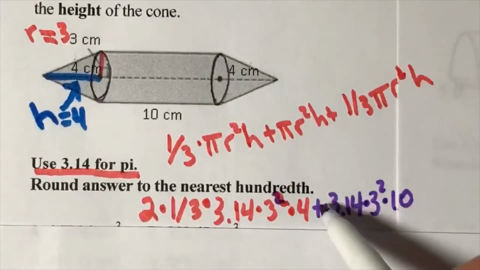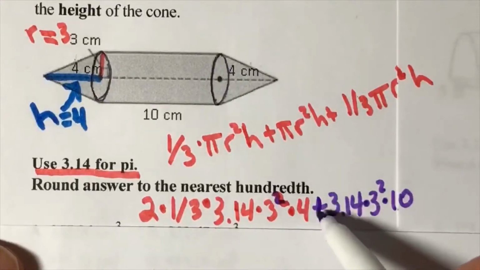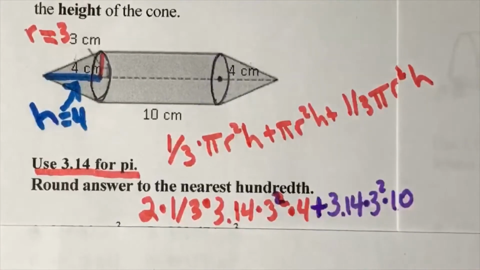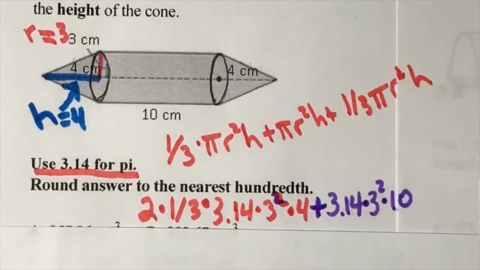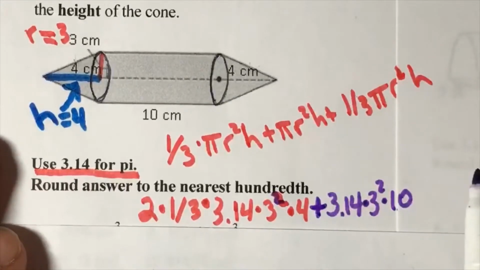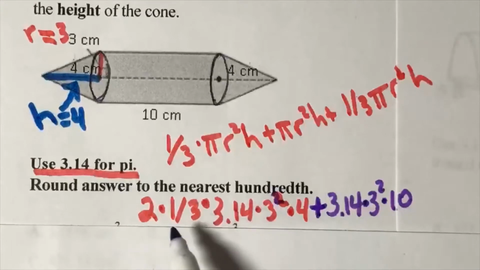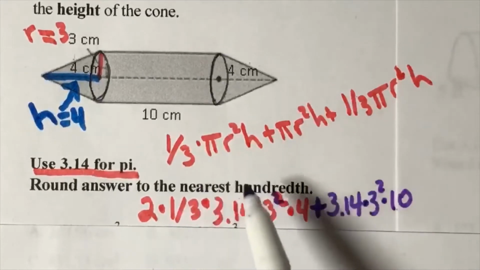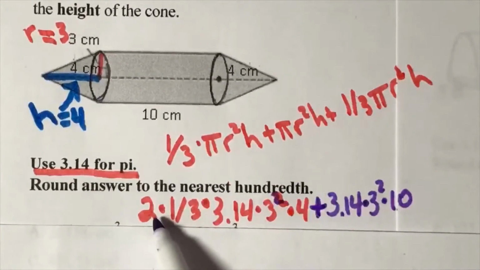Now, you get distracted. You pressed enter too fast before double checking to make sure you typed it in correctly and you're getting the wrong answer, or you just want to make sure that you got the right answer. You need to look at your calculator and make it match what we've got here.